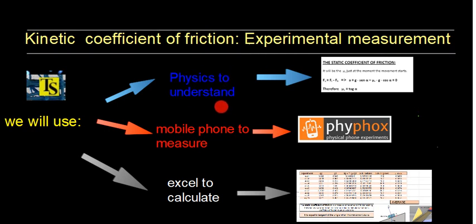Now, the mobile phone measures with the phyphox. It is explained in another video too, that is quite similar in both. So you are supposed to know how to use it. Otherwise, watch the video of the use of the mobile phone and the phyphox application with the static coefficient.